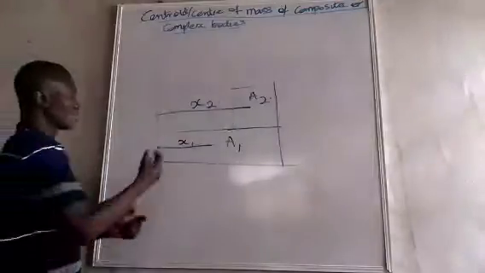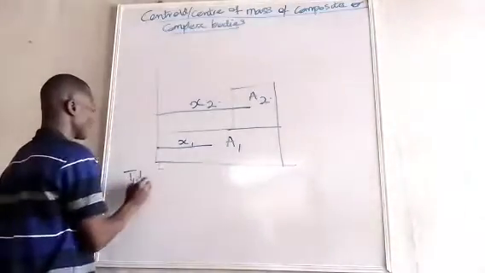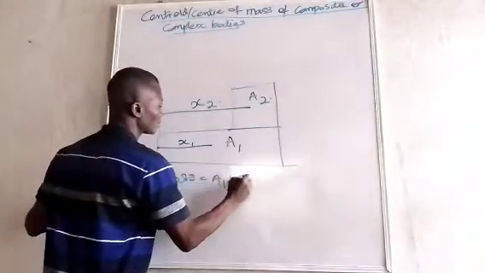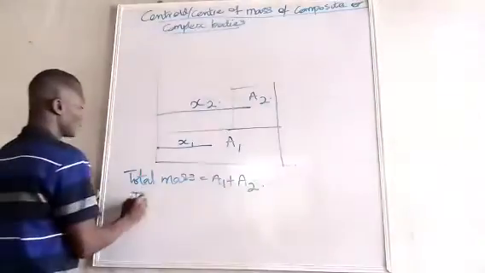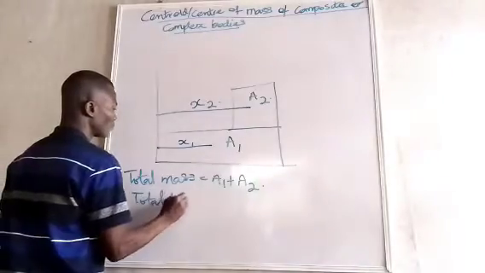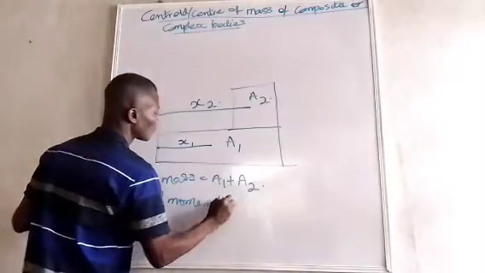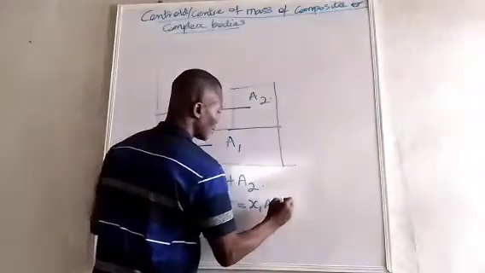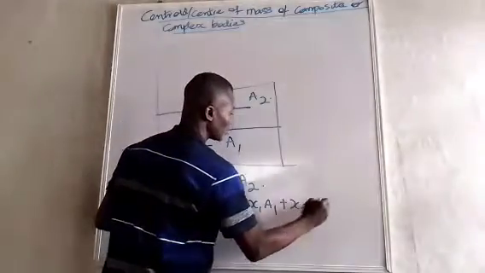Once you have done that, we will now say, okay, total mass will be equal to A1 plus A2. Total moments will be equal to X1 A1 plus X2 A2.